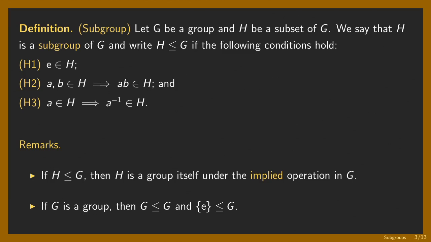Third, we know that the inverse of the identity element is itself. That's why this set is still closed under inverses. So as we can see, a subset cannot be empty because the identity element is always in it.